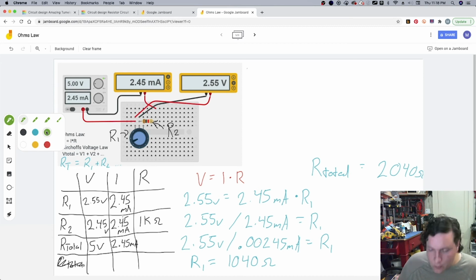We're going to apply the same concept to what we know about the total circuit.